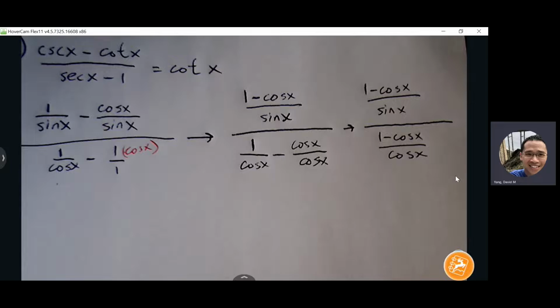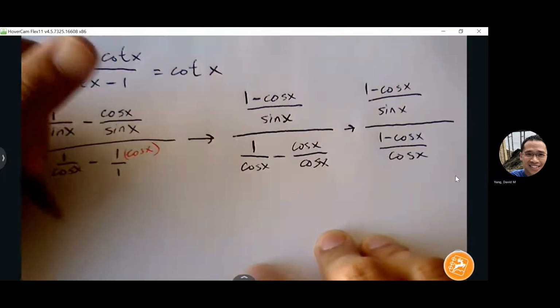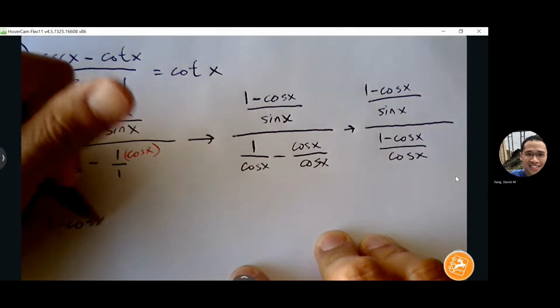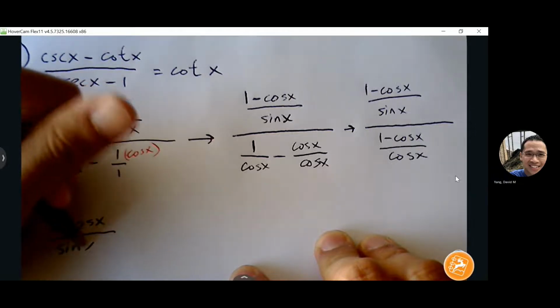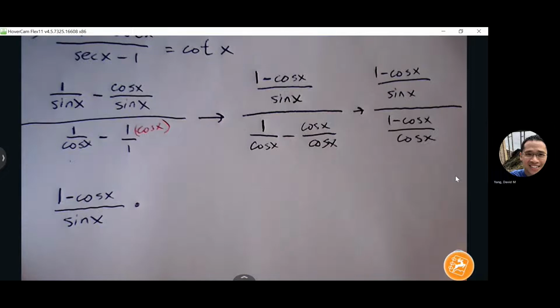Okay, now that I have a fraction over a fraction that's nice and clean, I can multiply by the reciprocal of the denominator. Times the reciprocal.